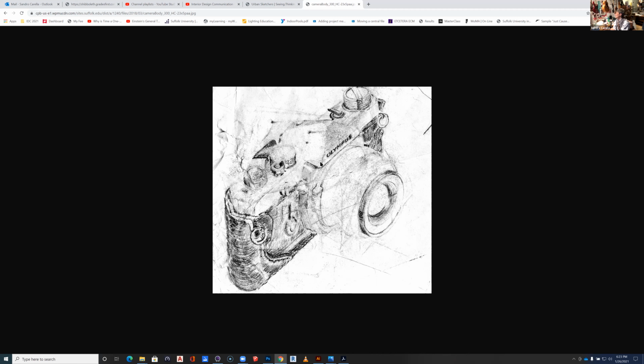So this is thinking that started at the Bauhaus. You've probably heard of the Bauhaus. They taught people about color and drawing and understanding form. This all started a long time ago.